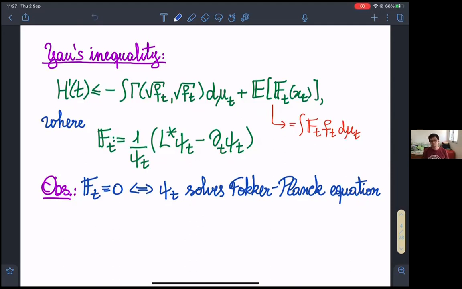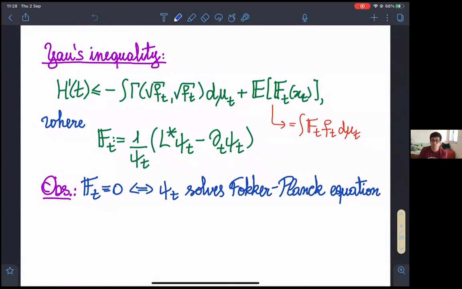And now it's a legitimate analysis problem to bound this function by the entropy of f and this energy form given by the Carré du champ. This is just a valid question, and maybe we can answer it or not. And if we succeed in answering this question, then we are going to get a meaningful bound for the entropy H_t.